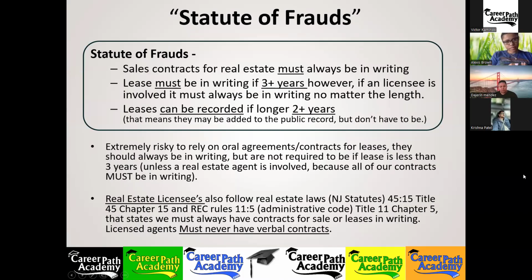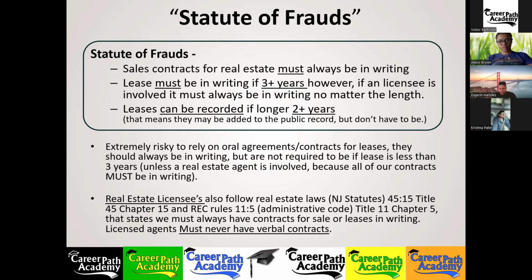So statute of frauds, this is not the first time we're seeing this slide. We just need to know what's in the circle there, in the box. Statute of frauds says that even though general contract laws of the state say that verbal contracts are legal, just like those that are in writing, however, for real estate, all contracts for sale are required to be in writing.